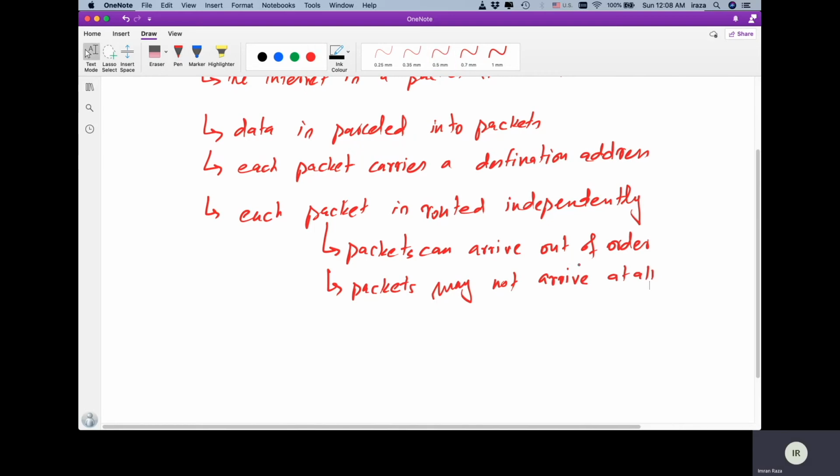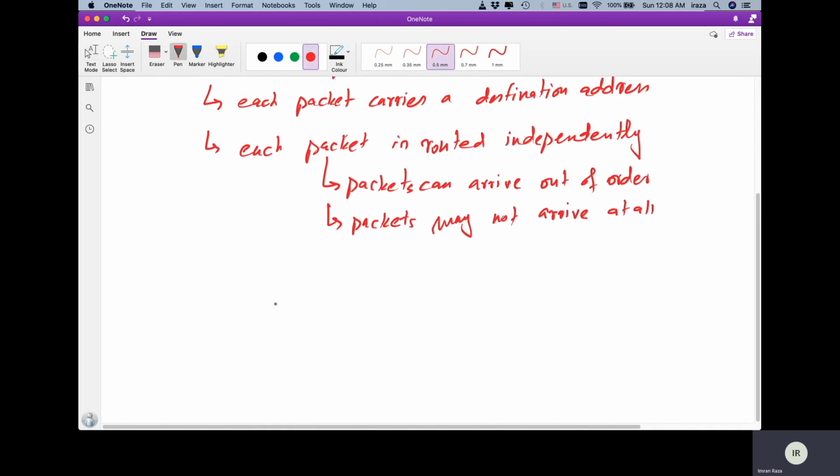So you can compare such a network, a packet switched network, with your postal system. We can use an analogy of the postal system to understand it. What happens in a postal system? What do you do with the content that you want to send?